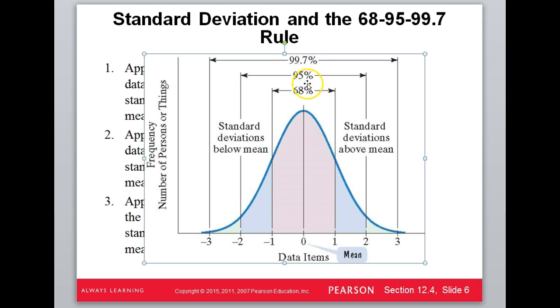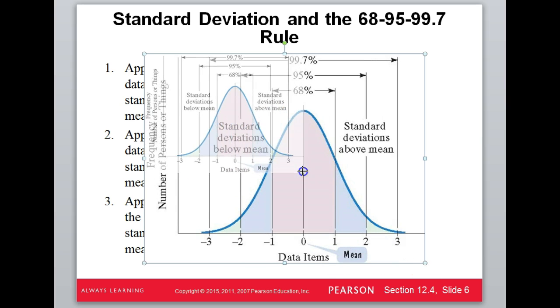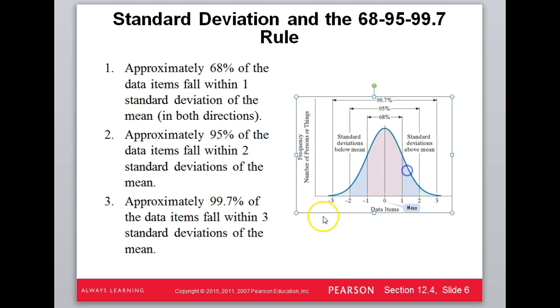And then around 95% of the data falls within 2 standard deviations of the mean, and that means down 2 deviations and up 2 deviations. And then around 99.7% of your data is going to fall within 3 standard deviations of the mean. So 3 down and 3 up. The negatives here are just how many deviations down and how many deviations up from the mean.